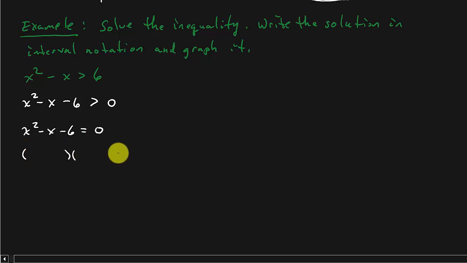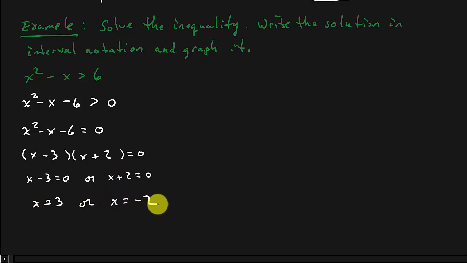So this factors. So that's x minus 3, x plus 2. x minus 3 equals 0, or x plus 2 equals 0. So x equals 3 or x equals negative 2. Okay, so you find the zeros.